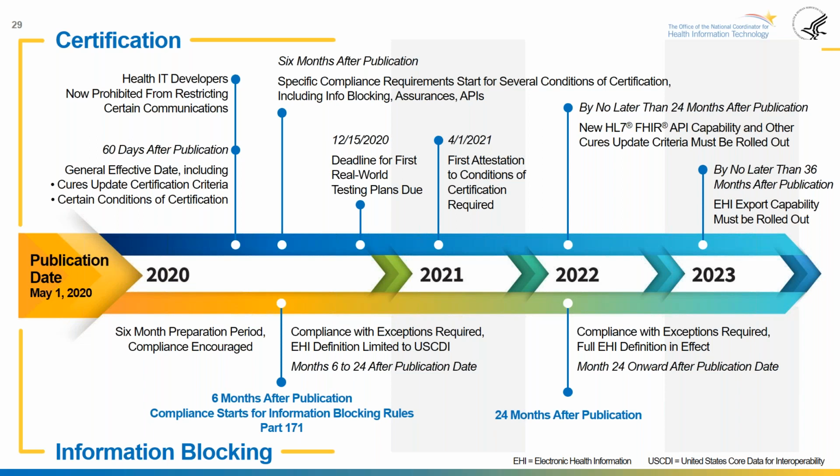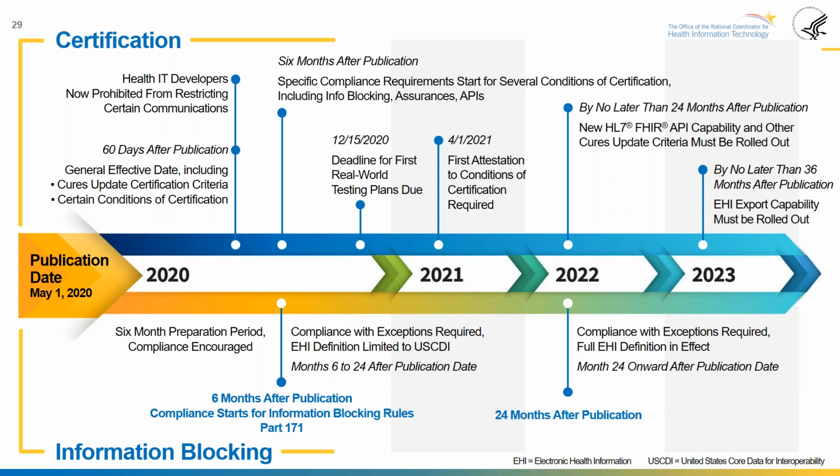This timeline shows you where those dates fall on the calendar. And I do want to point out something that has come up in other webinars that we've done and other questions we have received about the relationship between the certification timeline and the information blocking timeline, specifically related to the US CDI.